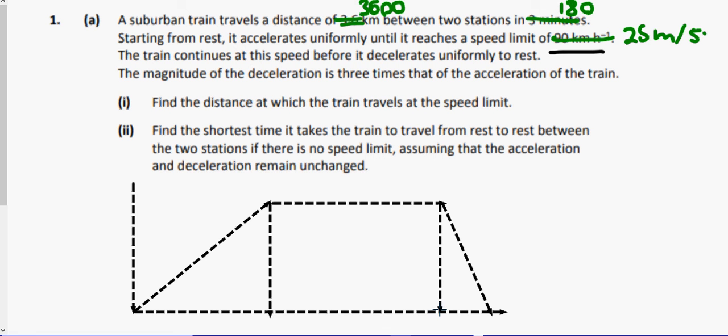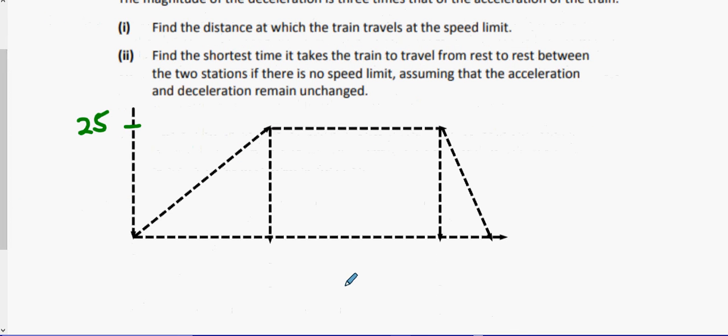Decelerating at 3 times the magnitude means it takes 3 times less the time. So if it takes x amount of time to decelerate from 25 to 0, it will take 3x to accelerate to the same speed. Having 3 times the deceleration means 1/3 the time. So that's why you have 3x and x respectively.